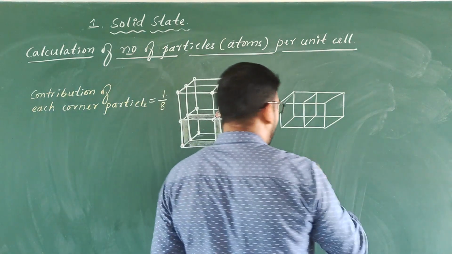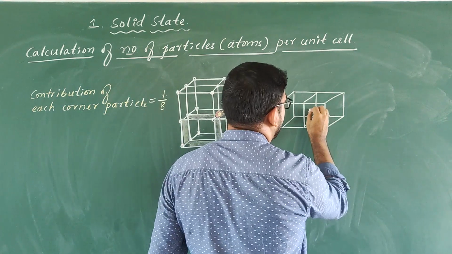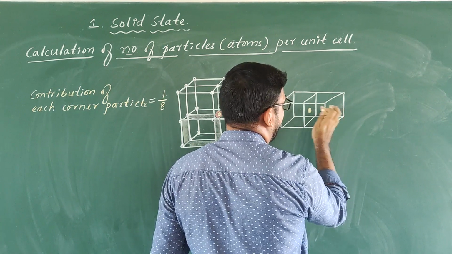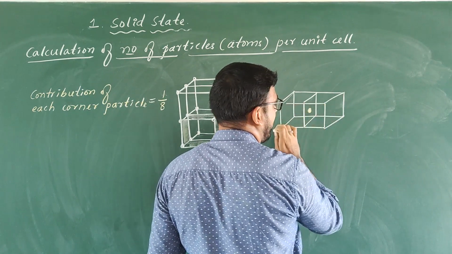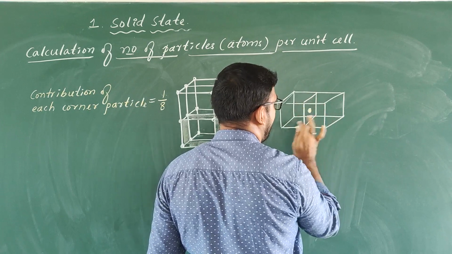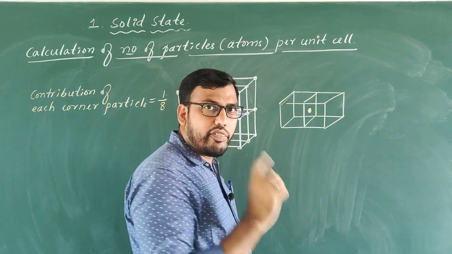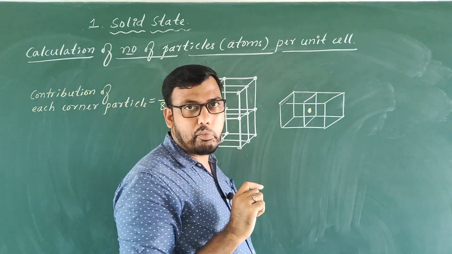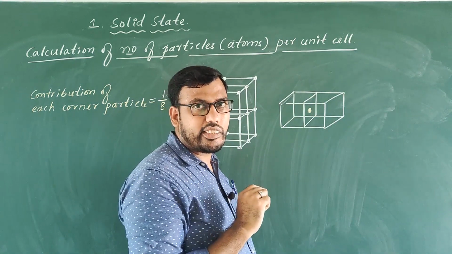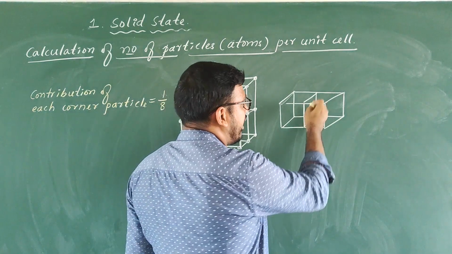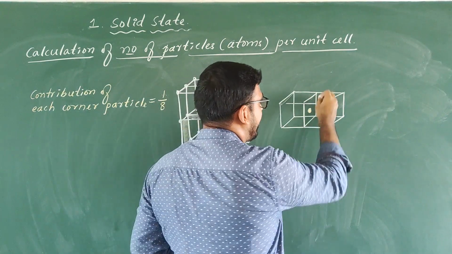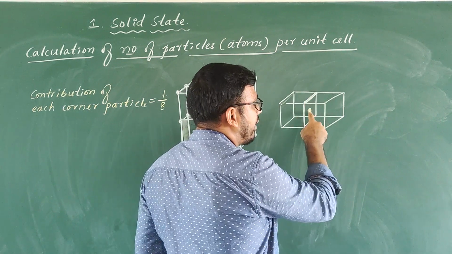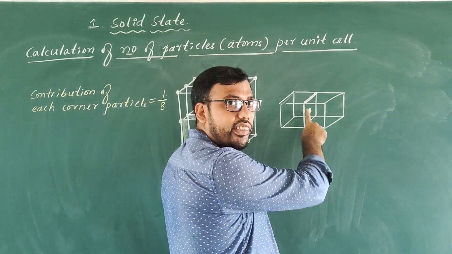Now let me take a particle which is present at the face center. This one is a face, this one is a face, this one is also a face, and a face here and here. If you take a single unit cell, there are 6 faces. Now see, a common face is present between the two unit cells I have drawn here. So now this particle is present at the face center.